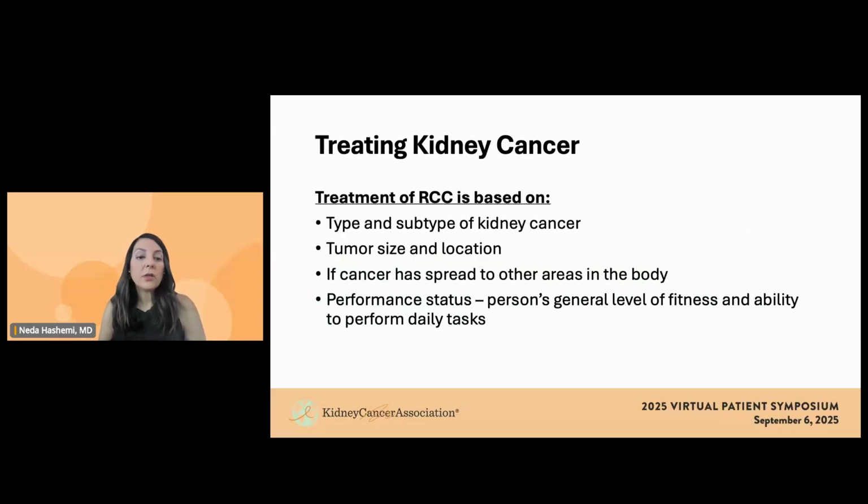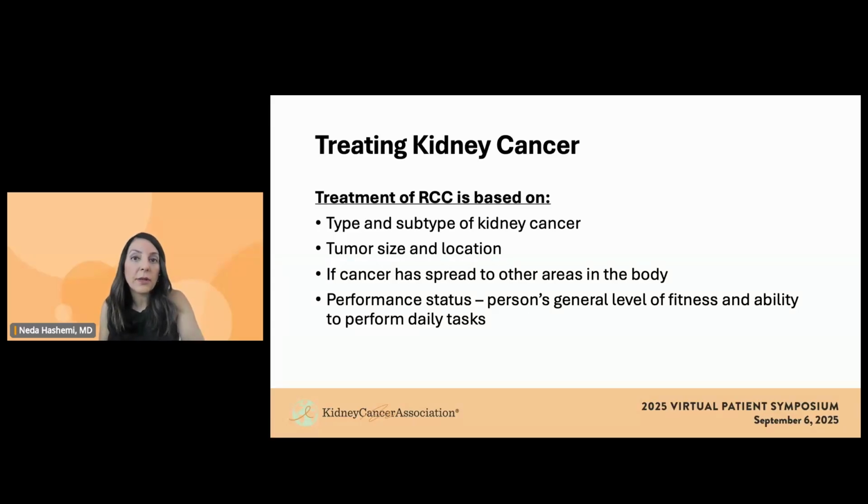All right, so we'll move on to how to treat kidney cancer. So treatment of RCC is based on different things, and it gets individualized for each patient. So it depends on type and subtype of the kidney cancer that we just talked about. It depends on tumor size, location, if the cancer has spread to other organs in the body or metastasized, and then I've put their performance status.